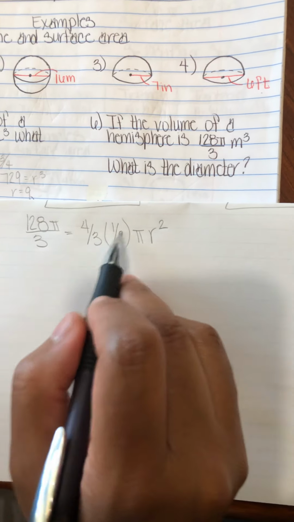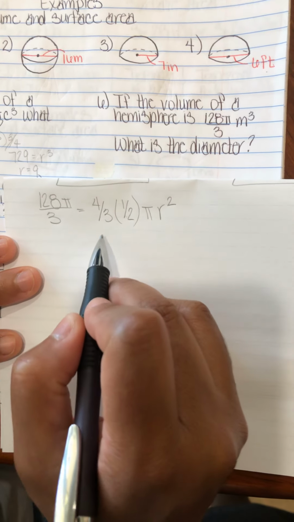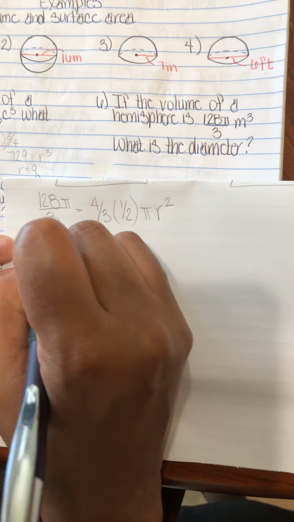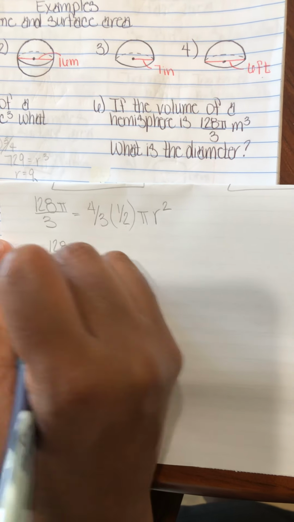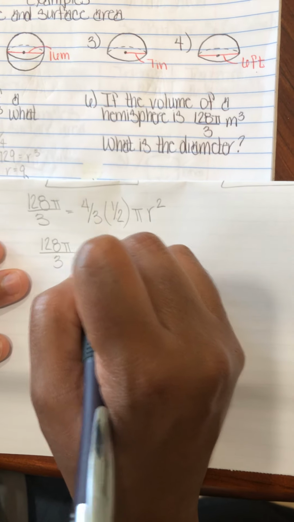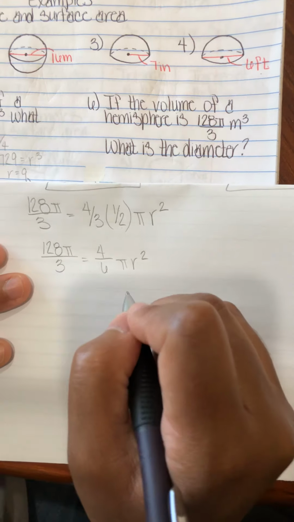What I need to do first is multiply these. So 4 times 1 gives me 4. 3 times 2 gives me 6. So 128 pi over 3 is equal to 4 over 6 pi r squared.